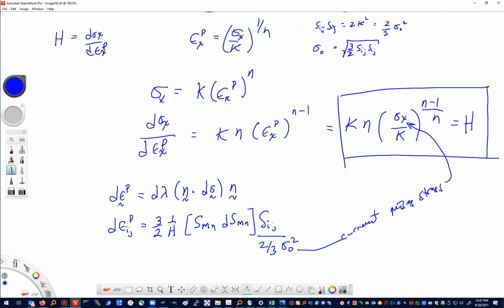We'll just make sure that that's right. Yeah, k squared is equal to sigma naught squared over 3. So if I solve for sigma naught, 3/2 S_ij S_ij, okay. All right. So that's how we're going to calculate sigma naught.